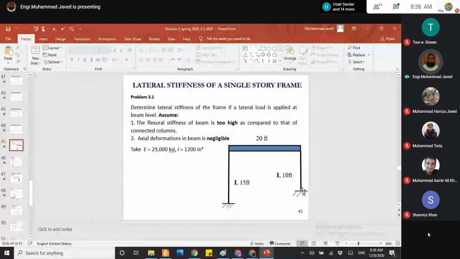And when springs are connected in parallel, the equivalent stiffness of the single spring is simply the sum of the stiffnesses of the two springs. तो लिहाजा पहले कॉलम की स्टिफनेस और दूसरे कॉलम की स्टिफनेस ऐड कर दें, आपके पास एक जो सिंगल स्प्रिंग है इक्विवेलेंट स्प्रिंग उसकी स्टिफनेस आ जाएगी.